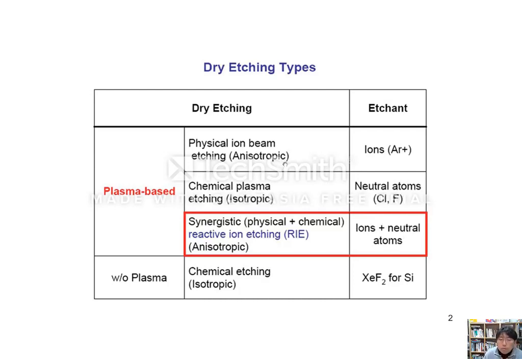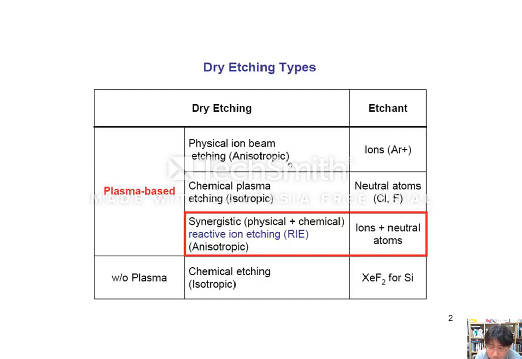These three methods have different etching characteristics. Physical ion beam etching is a physical way, using the momentum of the ions to take out the portion of the exposed area.